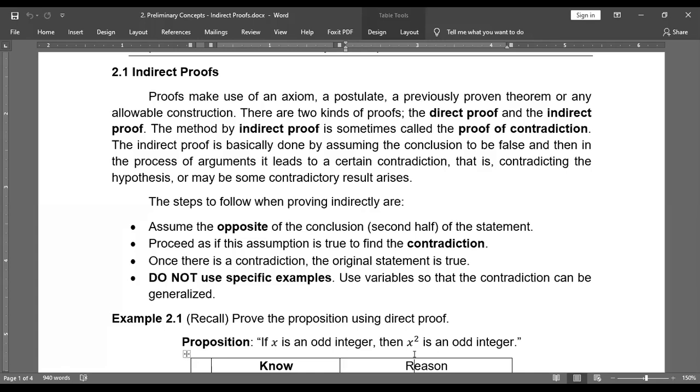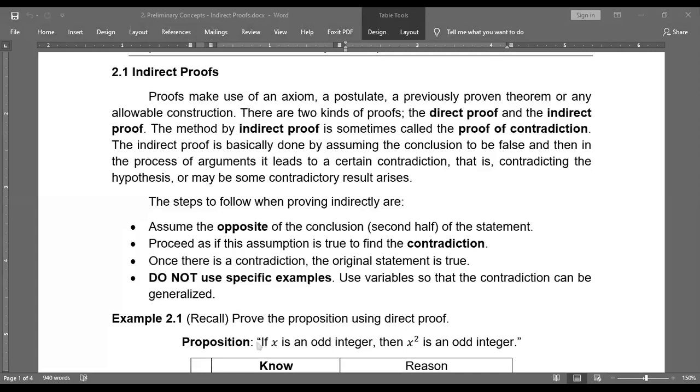Recall, when does the whole conditional statement become true? And when does it become false? Who can share? Walang tahimik ngayon ng BS Math 201. Sir, ulit po ng question.